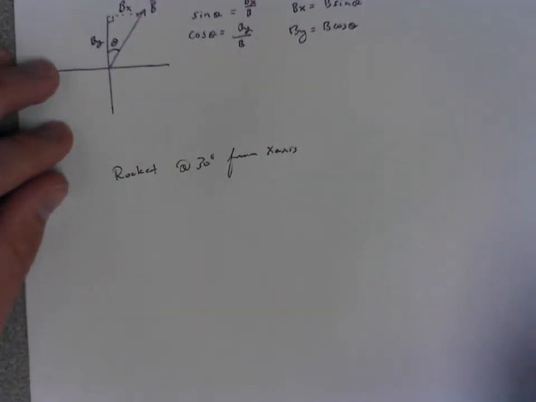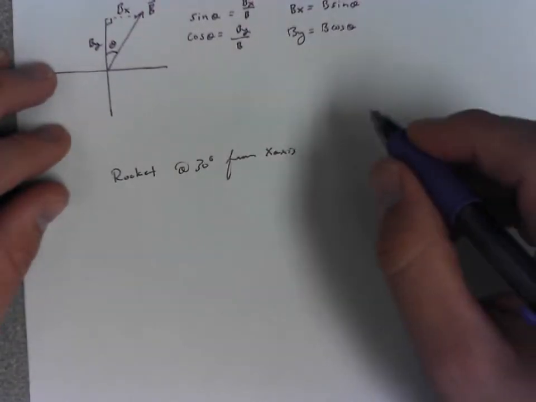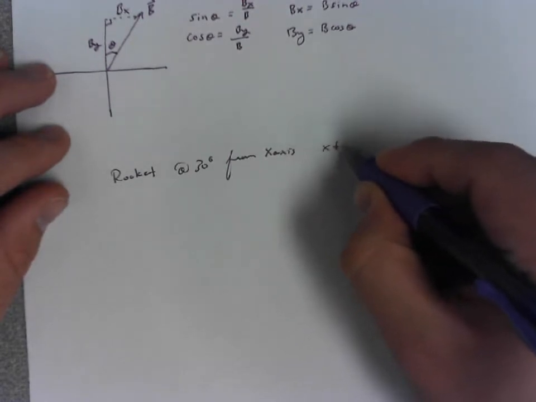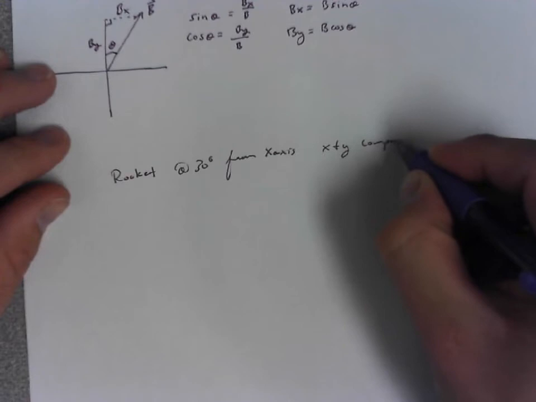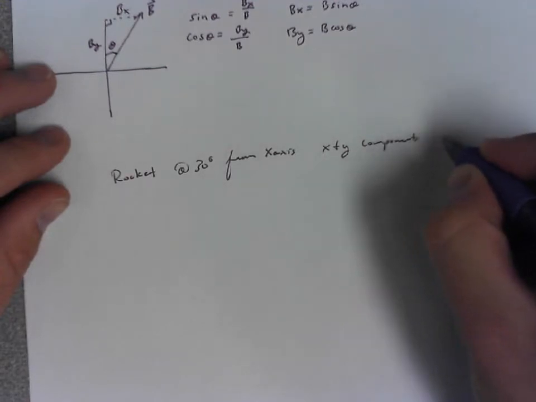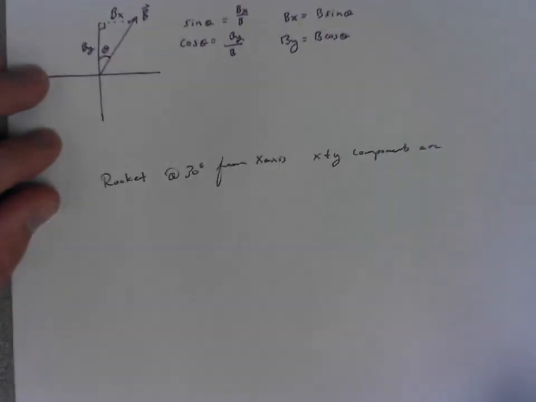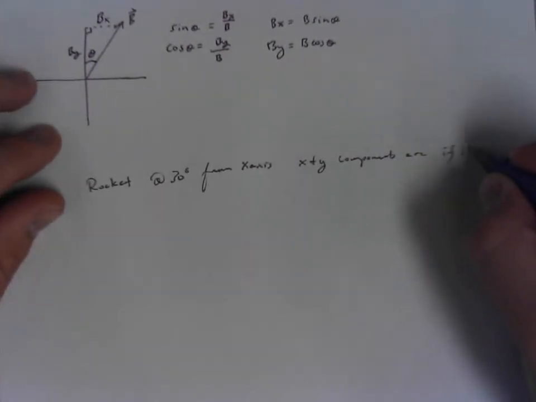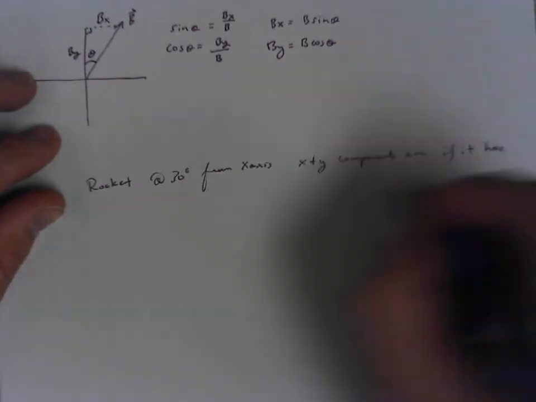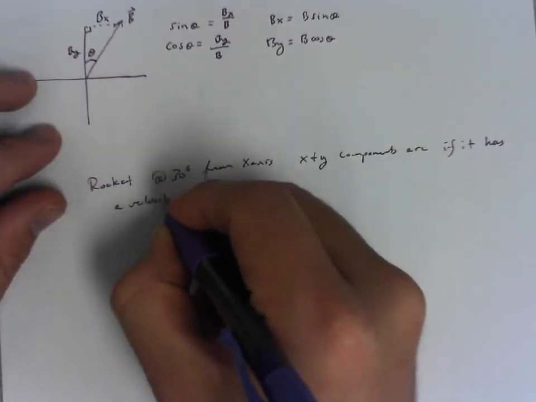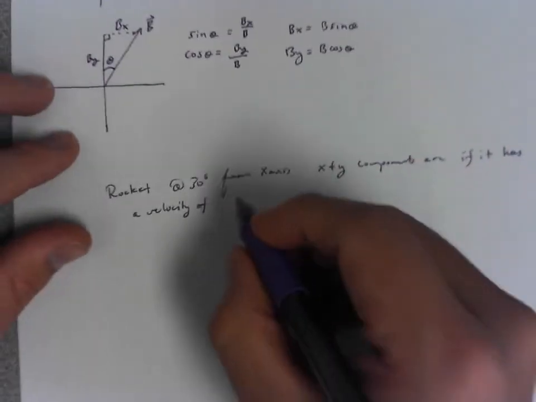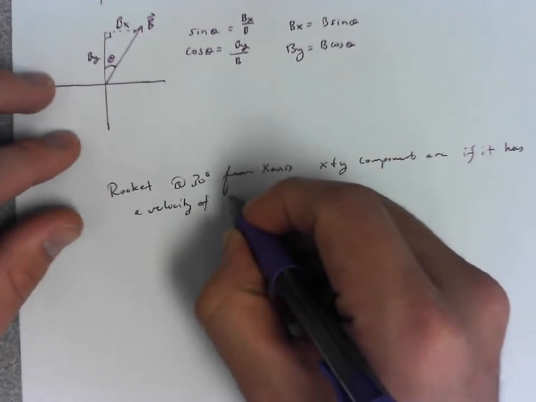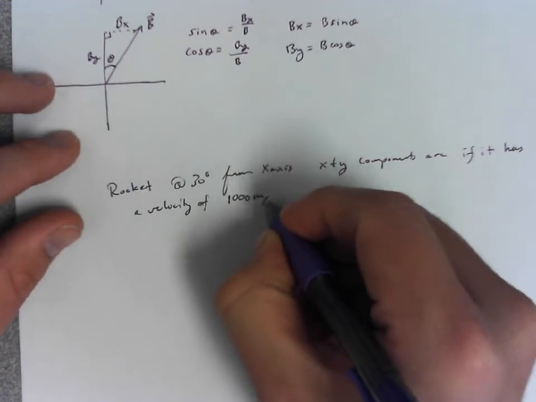All right, and I want to know what the X and Y components are if it has a velocity of, say, 1,000 meters per second.